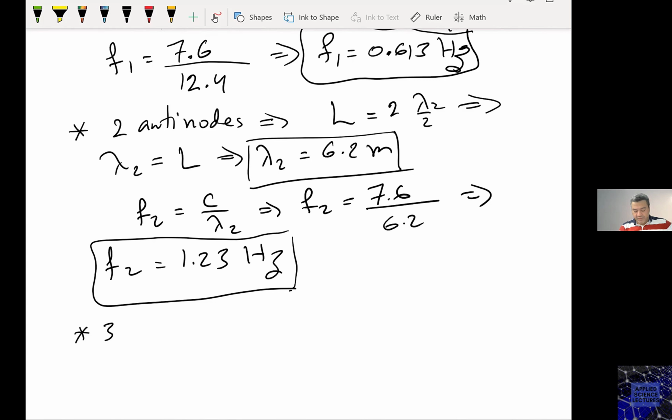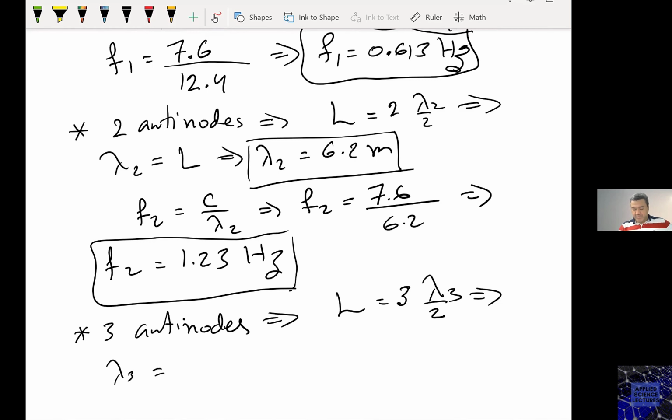For 3 antinodes, we have L equals 3 lambda over 2, or let me call this one lambda 3, or lambda 3 equals 2L divided by 3. Lambda 3 is 4.13 meter.